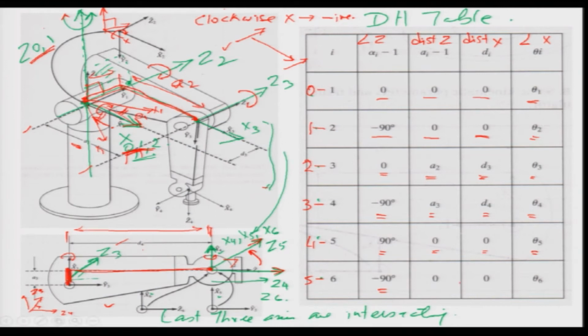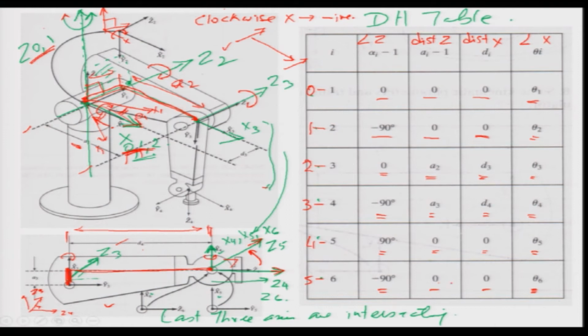Now, the origins are intersecting, origins are the same, and hence there is no angle between them. Okay. There is no distance or angle between the z axis or the x axis, and when the 6th joint moves, what would happen is the angle between the x5 and x6 is going to change, okay, and that is my variable theta 6.